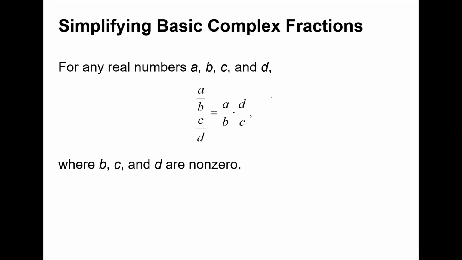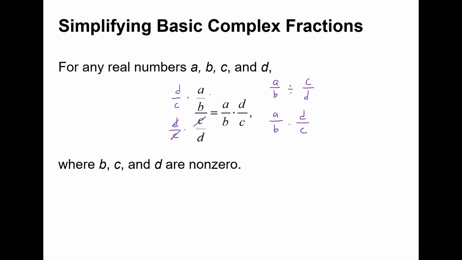Another way to write this is a over b divided by c over d, and we multiply a over b times the reciprocal. If we look at it going this direction, we could also multiply by d over c, and whatever we do in the denominator, we have to do in the numerator. Then we end up with 1 in the denominator.